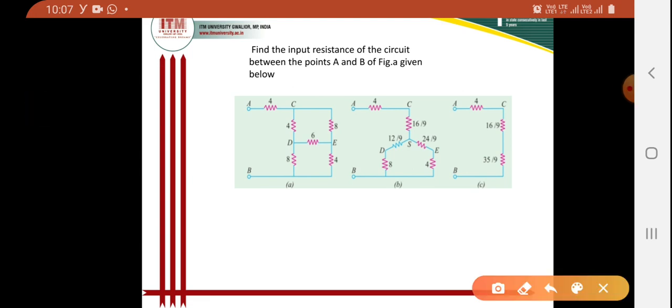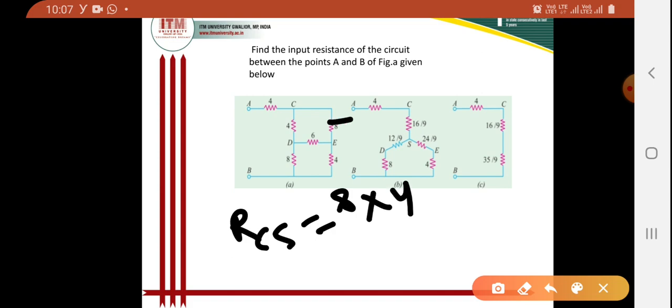So when I am finding the equivalent resistance of delta to star, in star form, what will be the resistance? RCS will be 8 into 4 divided by what?